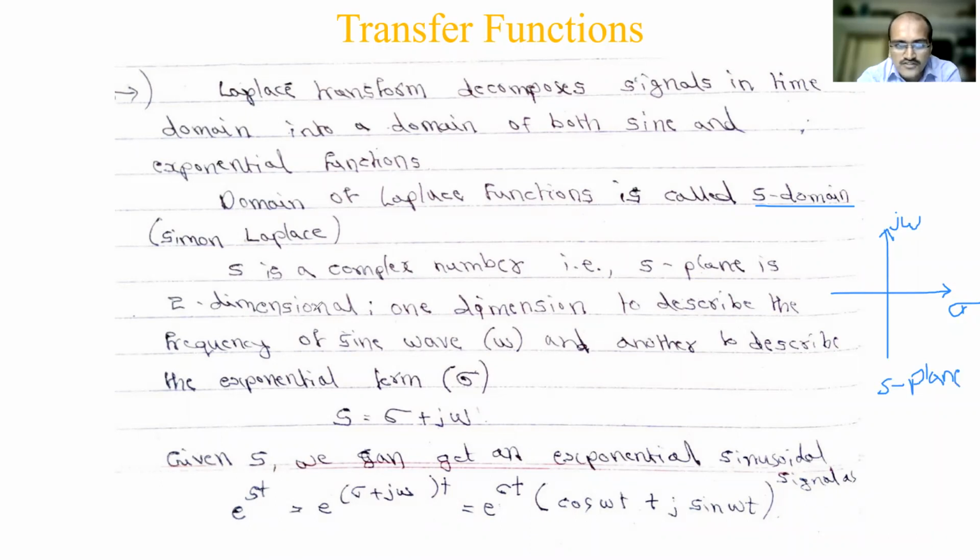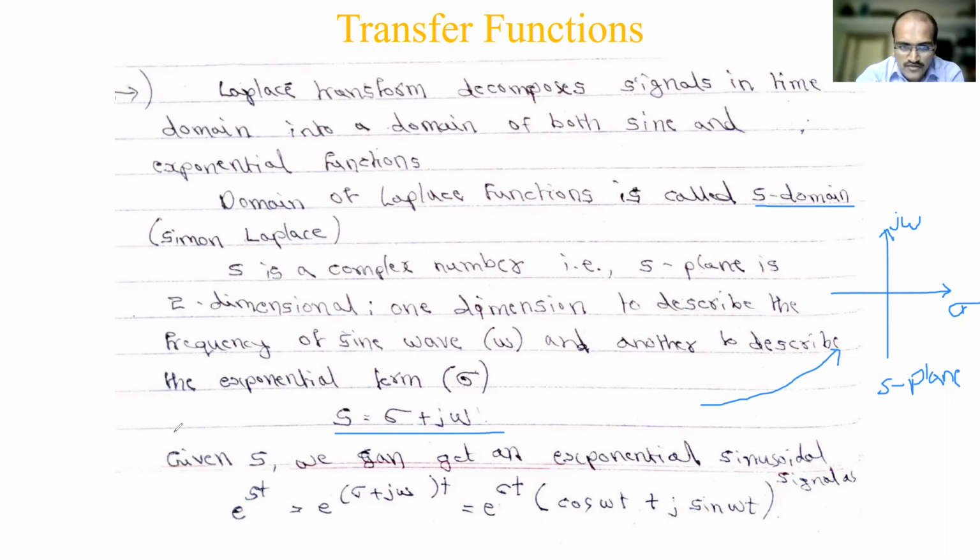One dimension describes the frequency of the sine wave, and the other describes the exponential term, that is sigma. So this is the value of S, sigma plus j omega, and this is the representation in graphical form. We will be using this in the next stability part, to check the stability using the graphical method.